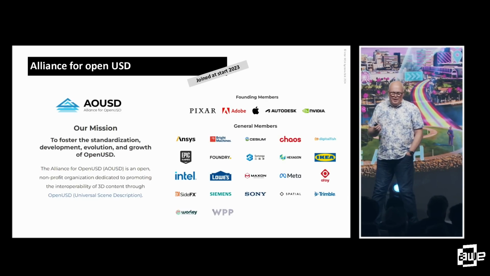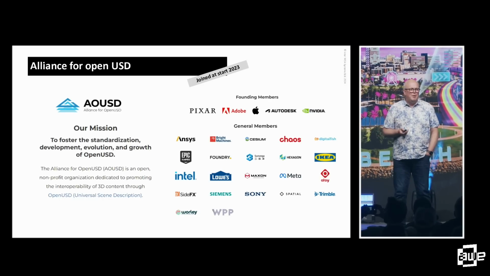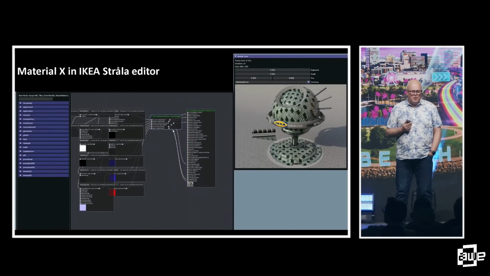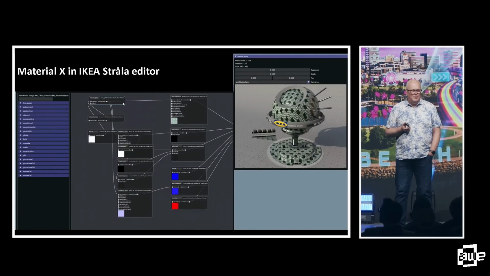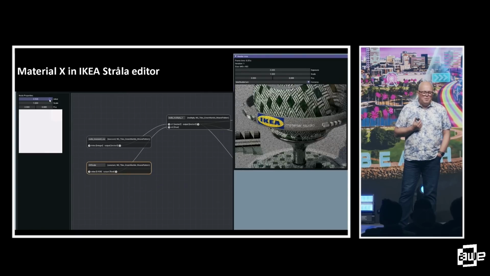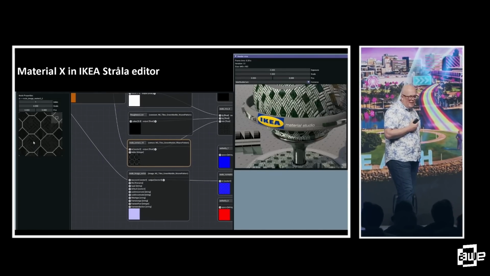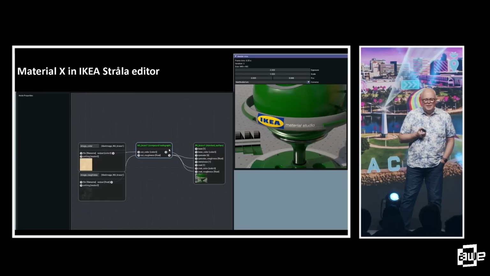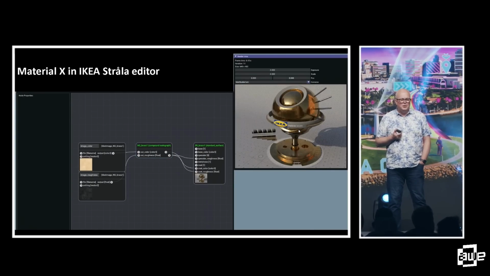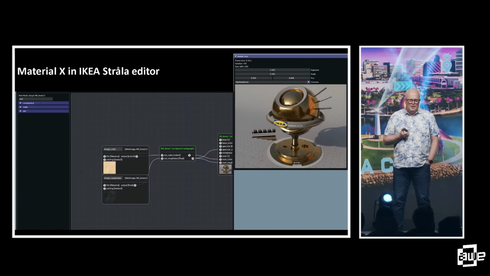IKEA is really interested in the surface appearance, how that looks. And that's where we are spending a lot of our time. So we have been playing with MaterialX for a few years now, and we are hoping that the Alliance for OpenUSD will use this as a base for material definition. That would be nice. We would love that.